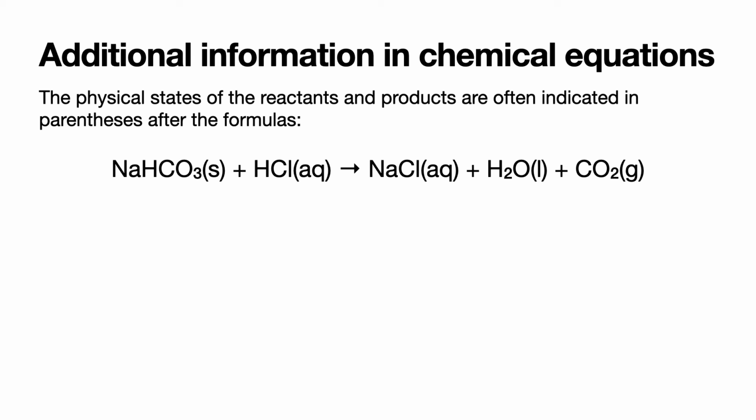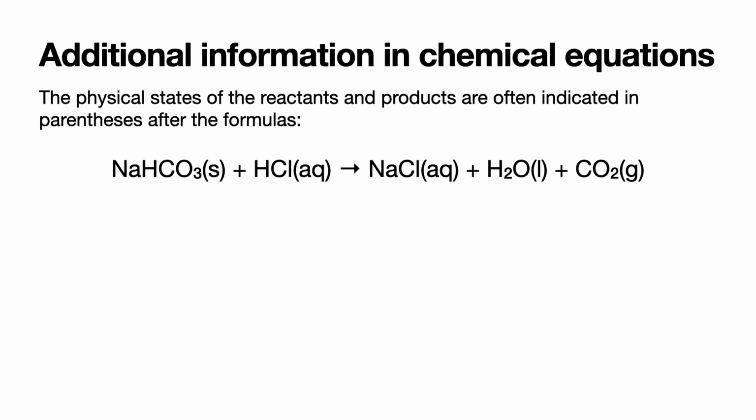This is sodium bicarbonate reacting with hydrochloric acid to form sodium chloride, water, and carbon dioxide. And here, after each of the formulas for the reactants and products, we've added a little label for the state of matter that each of them is in.